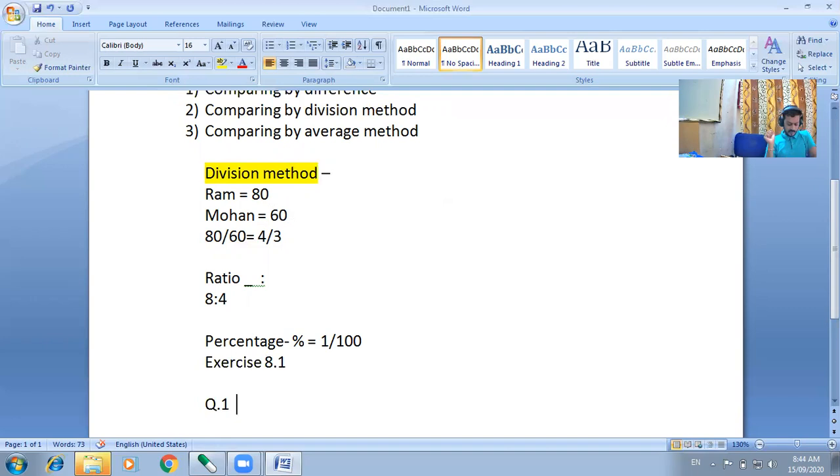Speed of cycle, 15 kilometer per hour, to the speed of scooter, 30 kilometer per hour. Given that speed, we can say here bicycle means B. So B represents the speed of bicycle, equal to 15 kilometer per hour, and the speed of scooter equal to 30 kilometer per hour.